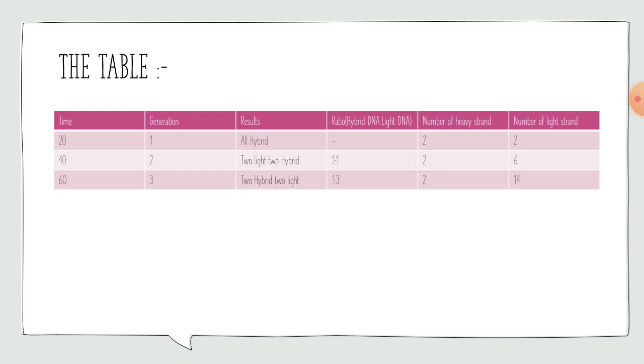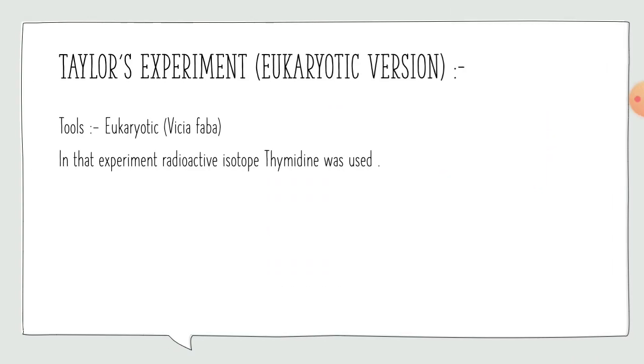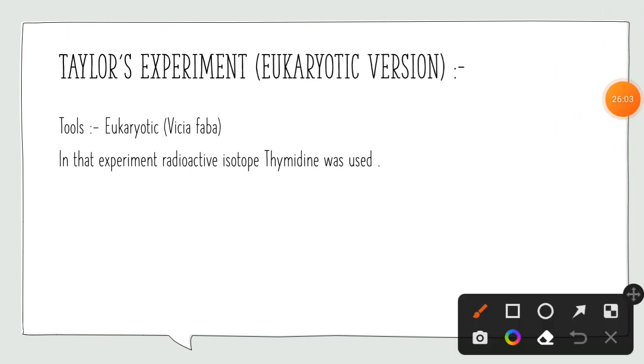So let's see another problem. Before that, I want to mention another thing: the Meselson-Stahl experiment was the experiment that told us that DNA replication is semi-conservative in a prokaryotic system, right?